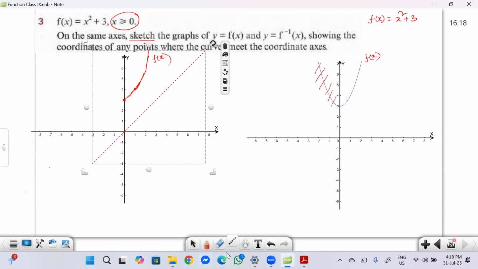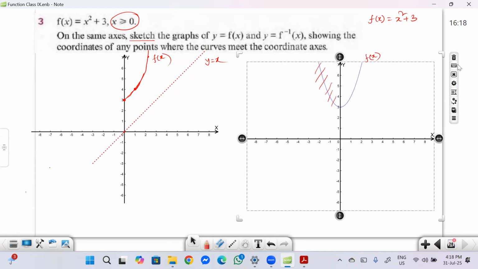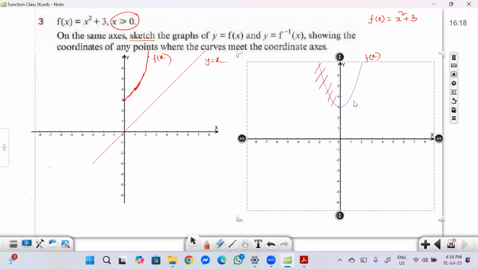So this is my y equal to x line. And you can see we can also do this here in our software. It's pretty simple.